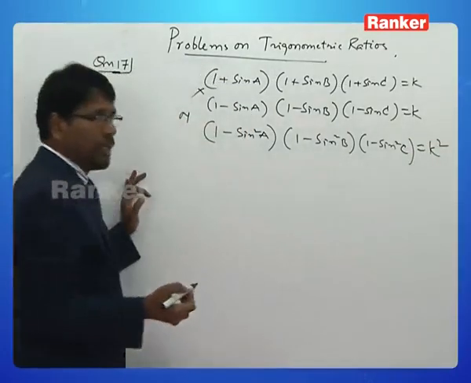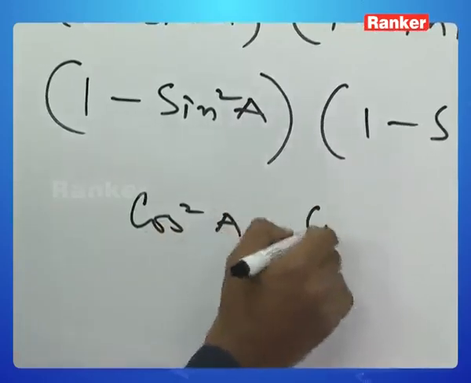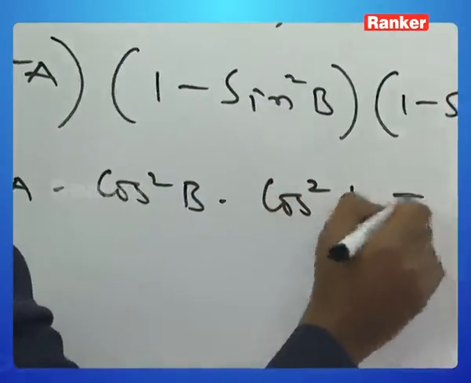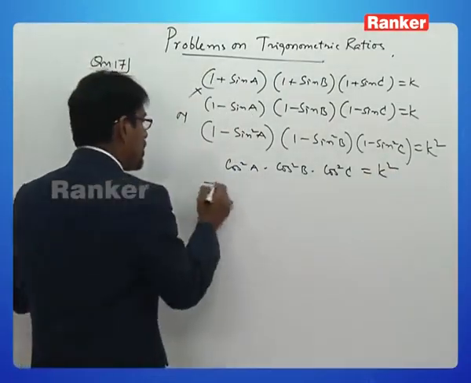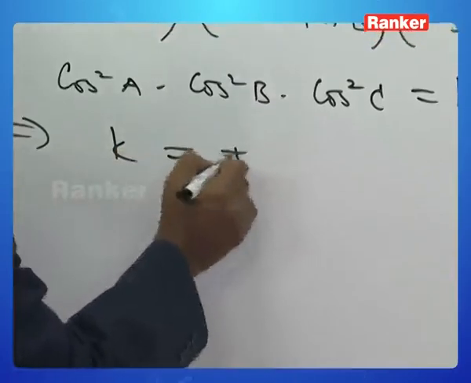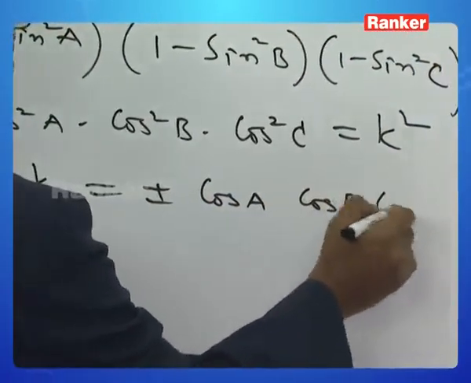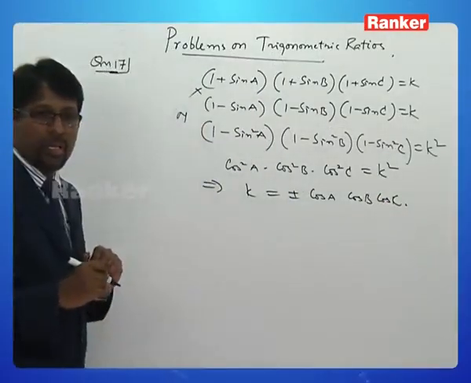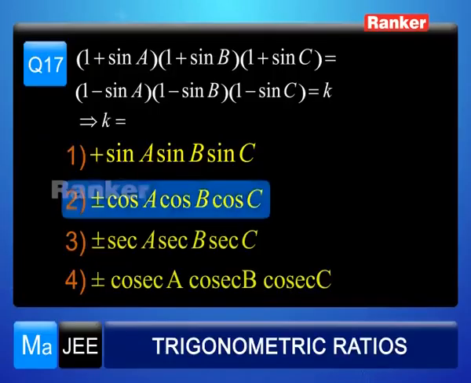So what is that? Cos square A into cos square B into cos square C, and that is clearly k square. Which in turn implies that k is equal to plus or minus cos A into cos B into cos C. And that's clearly appearing in option 2. Option 2 is the right answer.